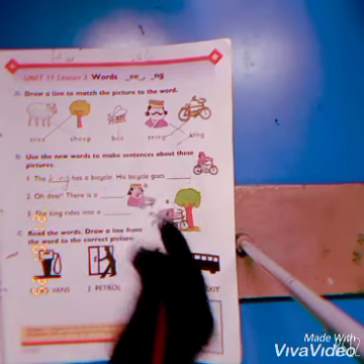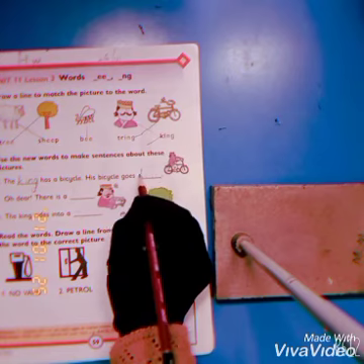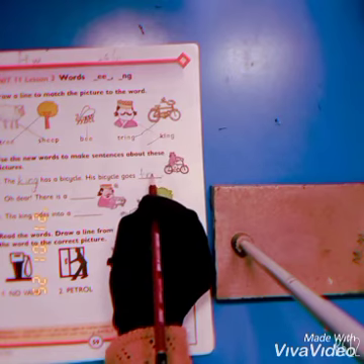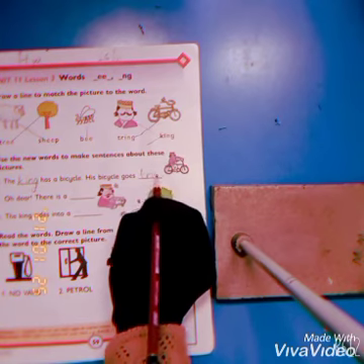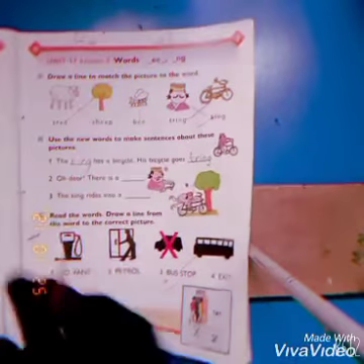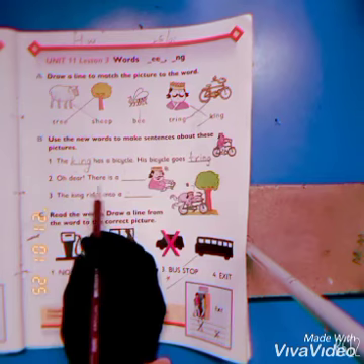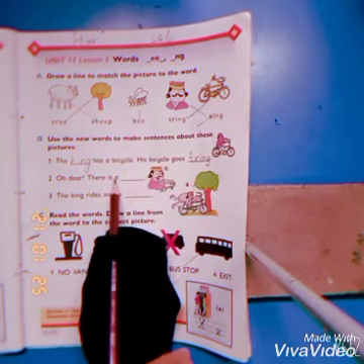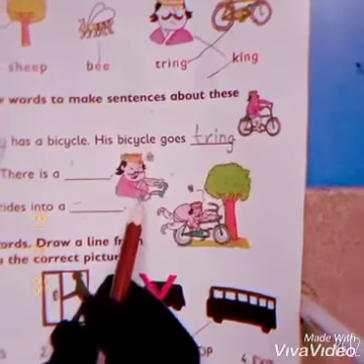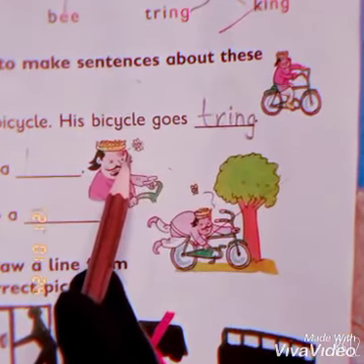His bicycle goes tring, tring. His bicycle goes tring. Write here the spelling of tring. Number 2 is: Oh dear, there's a... What's there?